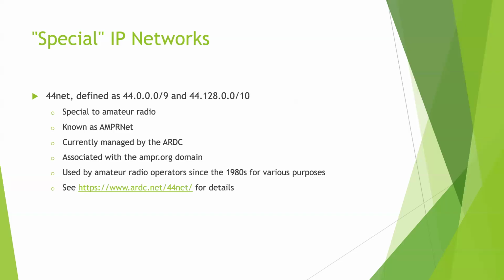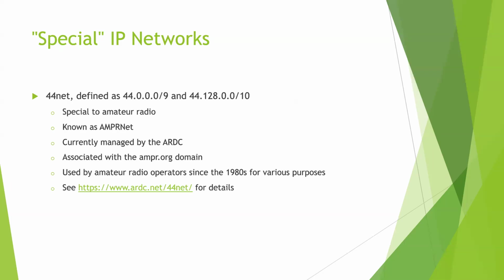I don't remember what AMPR stands for, but this is a network that was specifically designed. Originally it was the entire class A of 44/8, but they've cut it down. They've resold a quarter of that network. So it's currently managed by the ARDC, the Amateur Radio Digital Coalition, I think. I don't know. It's associated with ampr.org.